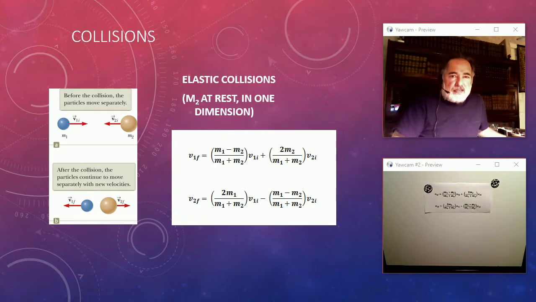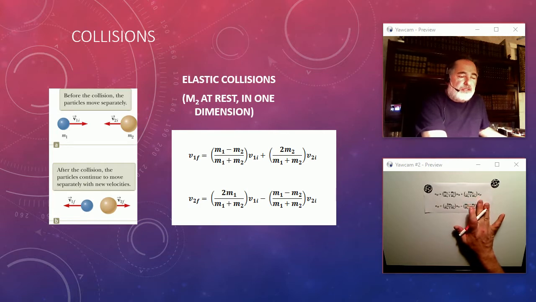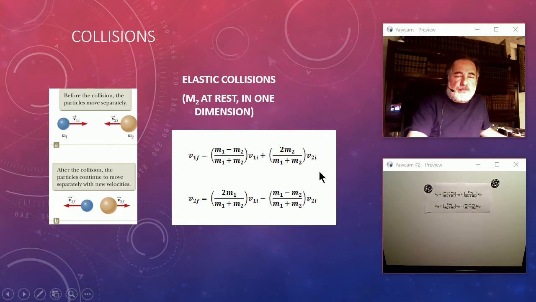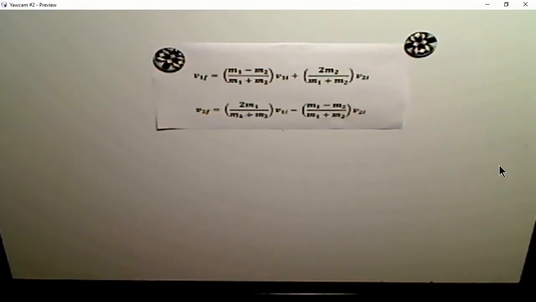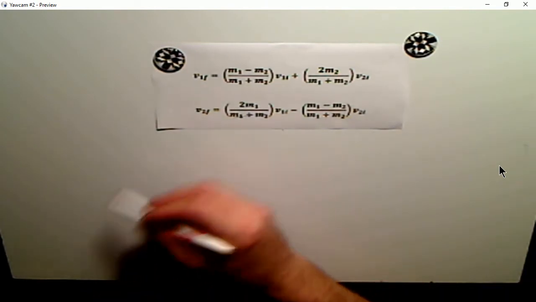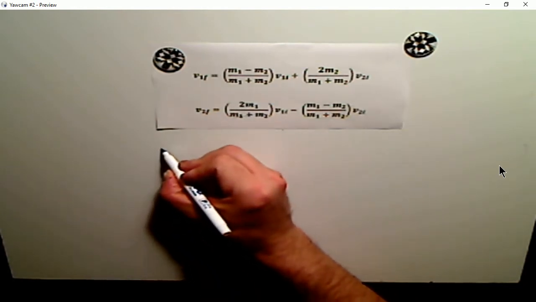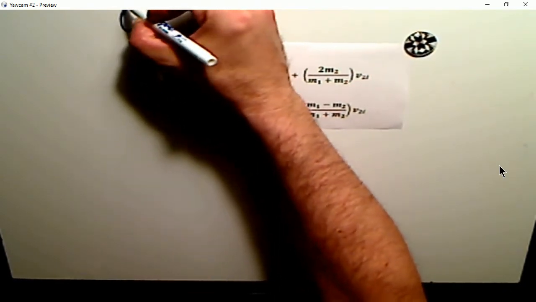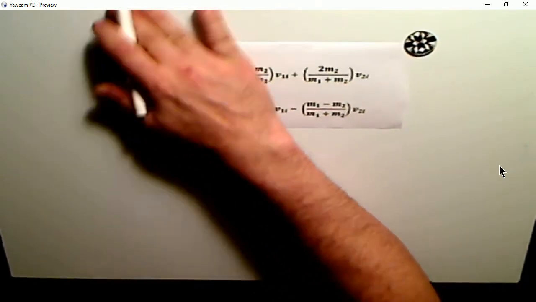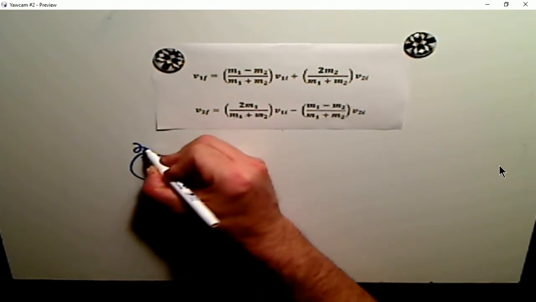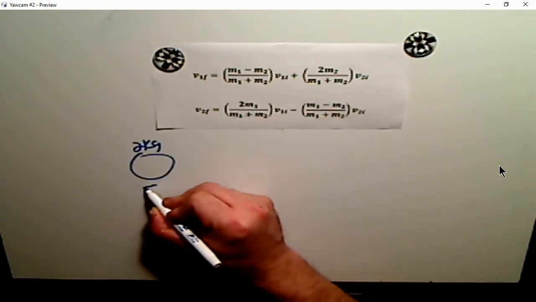where, if we want to talk about mass being at rest in one dimension, then of course the velocity of the second ball is going to be equal to 0. We can do a problem like that. Let's do that. Okay, let's say that we have a ball. It's 2 kilograms and 5 meters per second.